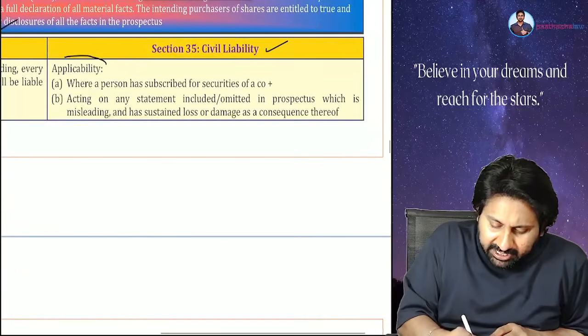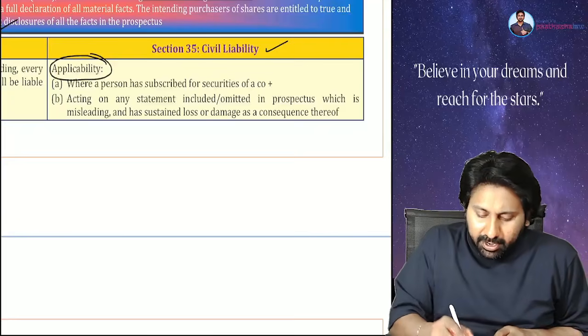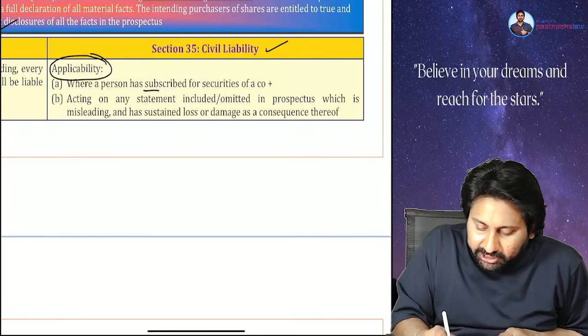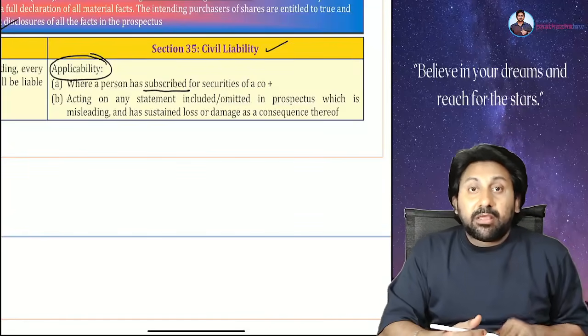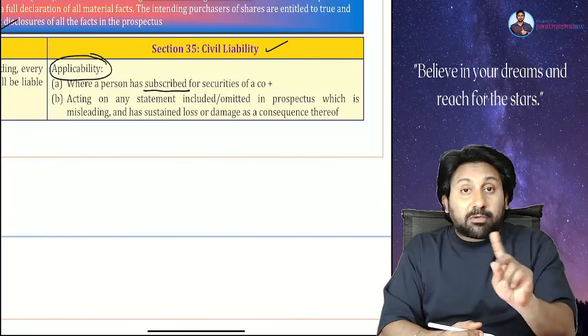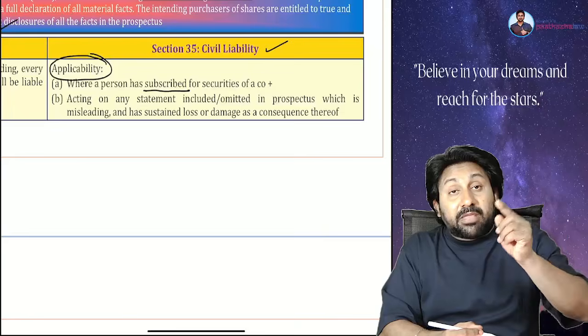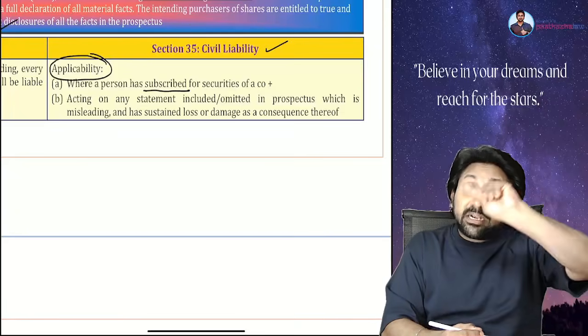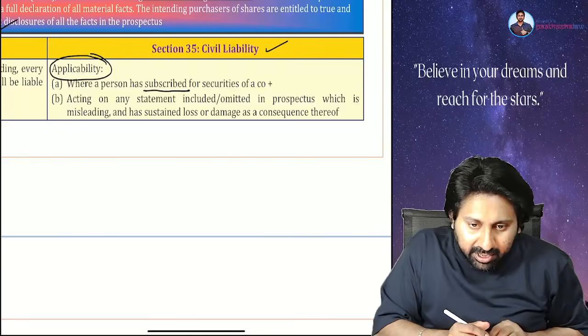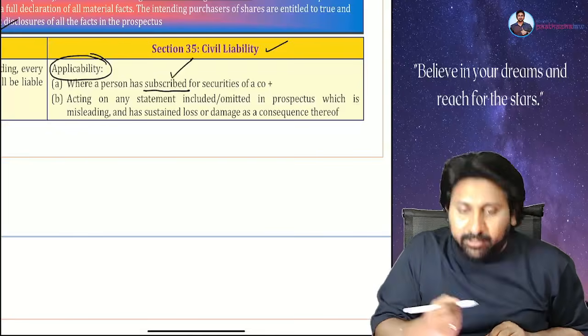Let us first understand applicability. Where a person has subscribed for the securities. What do you mean by subscribe? You should not purchase from the stock market, but directly from the company. When the company is going for application and allotment, at that time you should buy. That is called subscription.